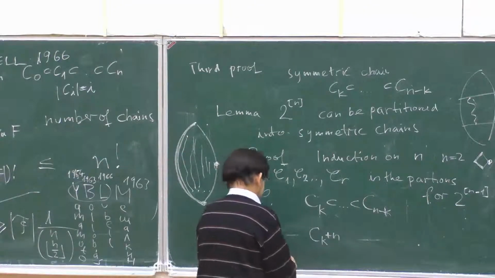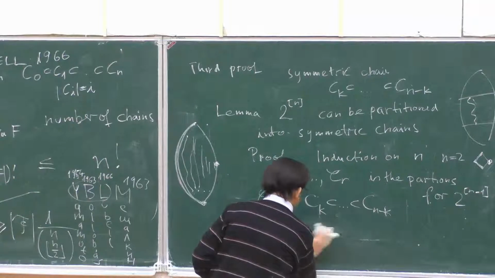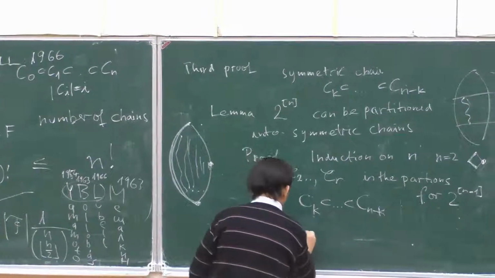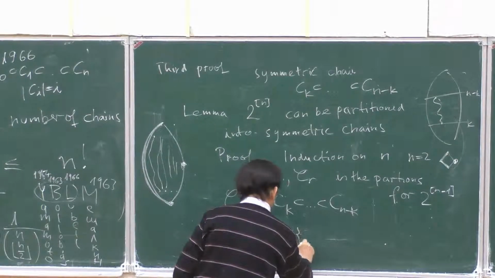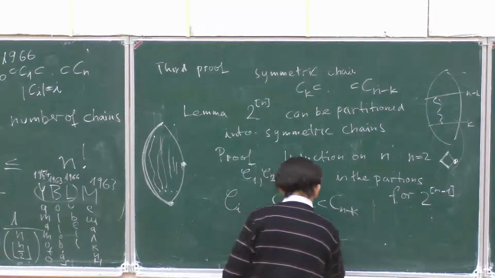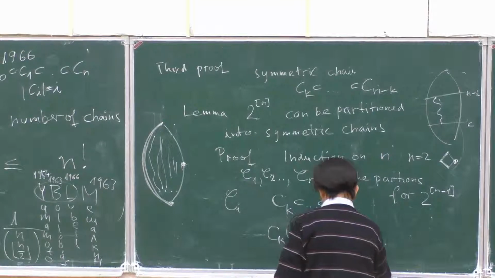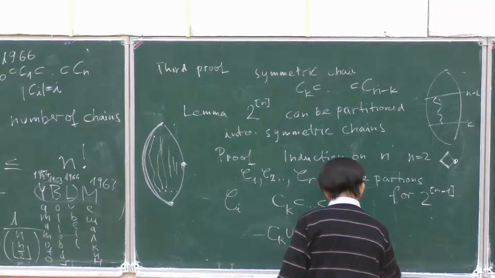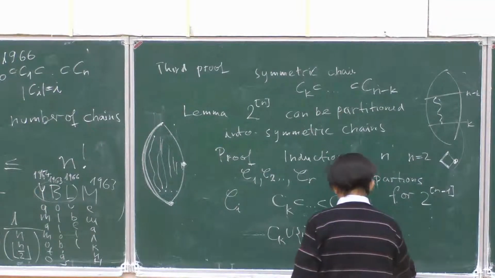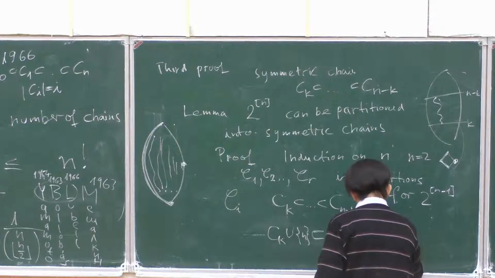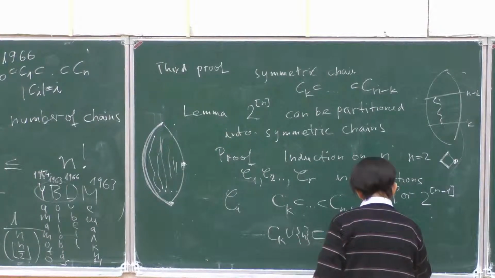I better write it out. Ck union n, and Ck union n minus k union n.